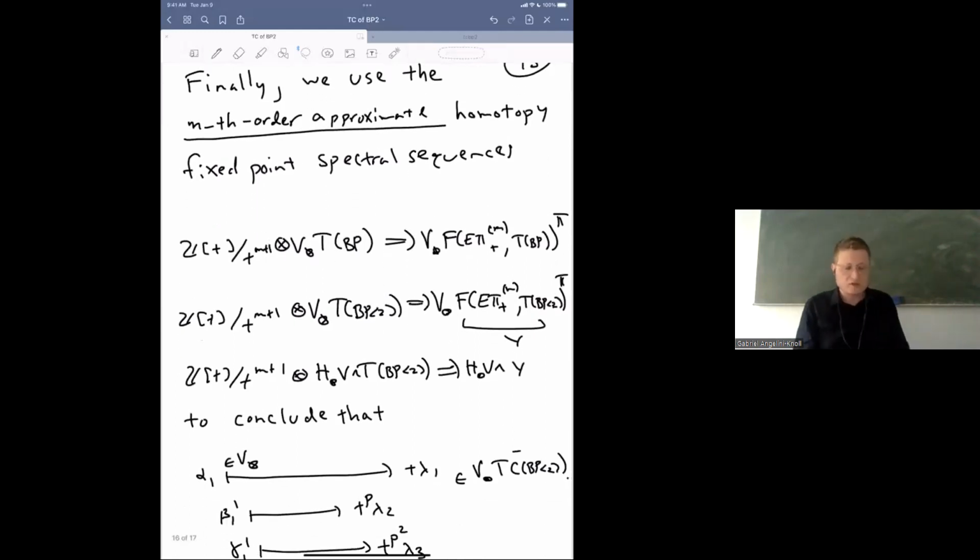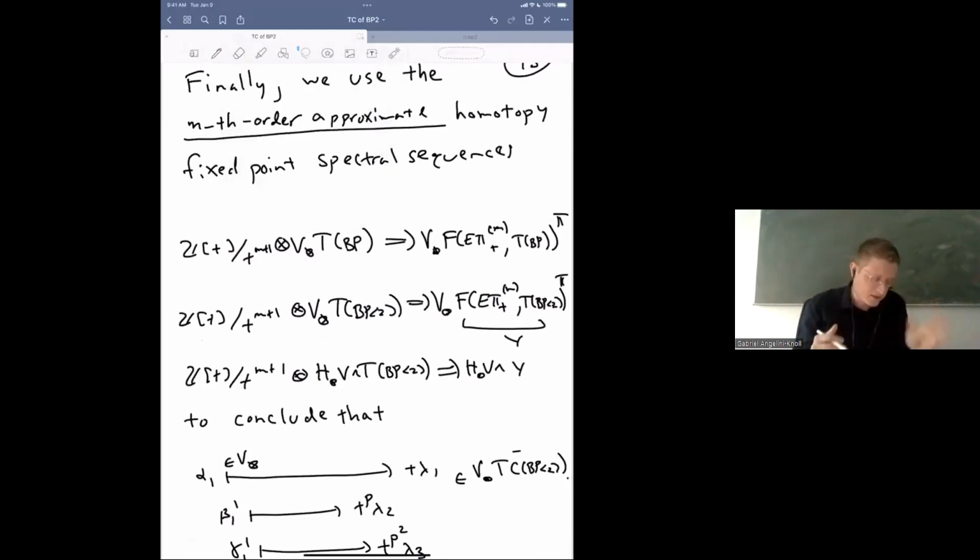Basically what you do is you take the homotopy fixed points and you filter it by skeleton, which is the same way you would build the homotopy fixed point spectral sequence. And then you just truncate that filtration at some stage. And so the key thing is that then you lose a lot of things in high or low filtration that would distract you from the fact that these elements are all detected.